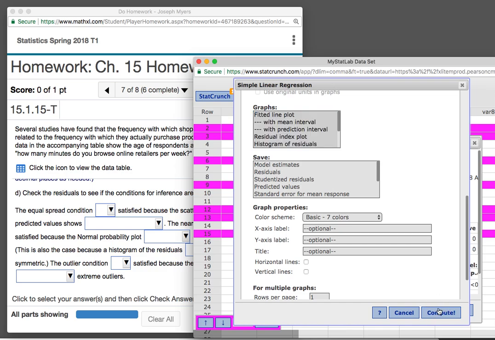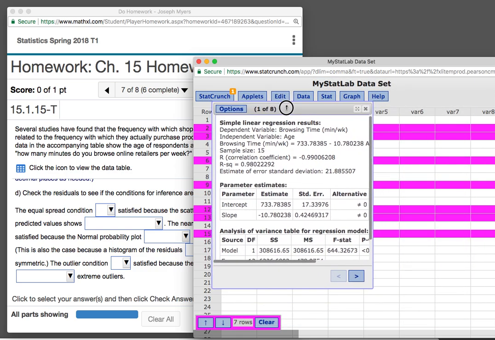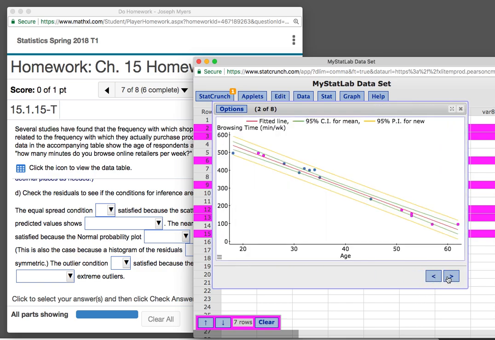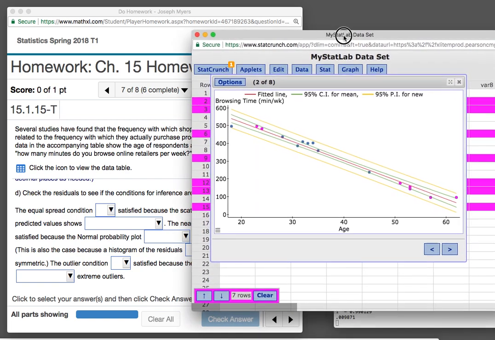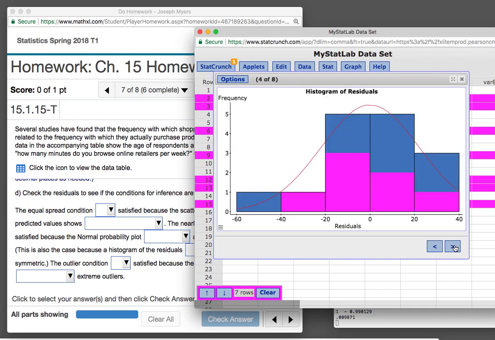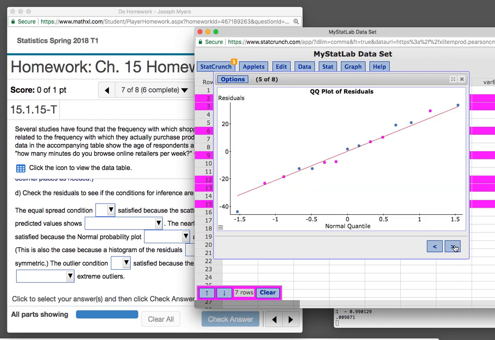Select them all. Compute. So when you do linear regression and you do the options and you make the graphs, it shows all kinds of cool stuff. So interesting.